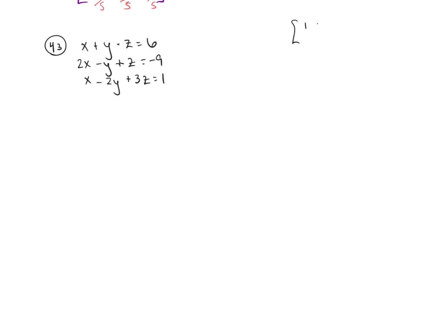So when you have a 3x4, we want our matrix in the end to look like 1 with any numbers in the first row, a 0, 1, any numbers, and then a 0, 0, 1 with just a number at the end. So this is x, y, z, and your constant.